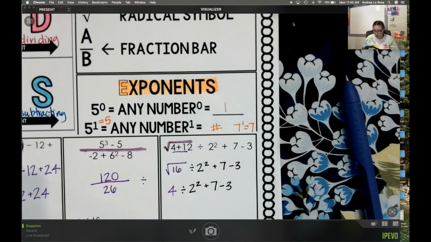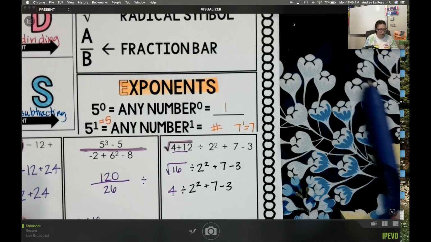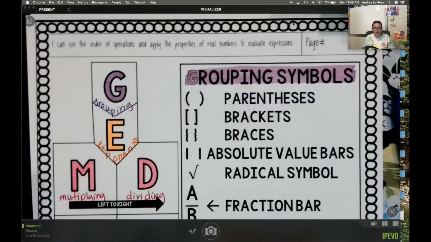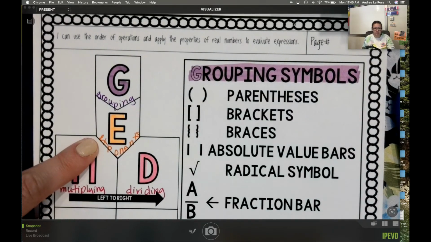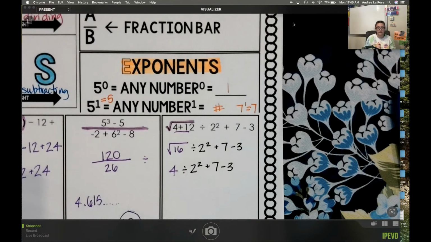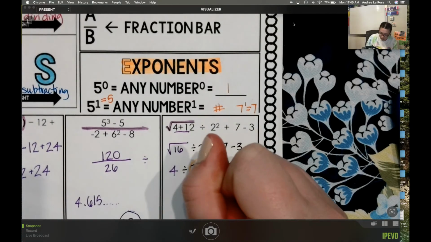Is there any more grouping symbols for me to do? No more grouping symbols. What is my next step for order of operations? Exponents. Do we have any exponents here? We sure do. We have 2 to the second power.